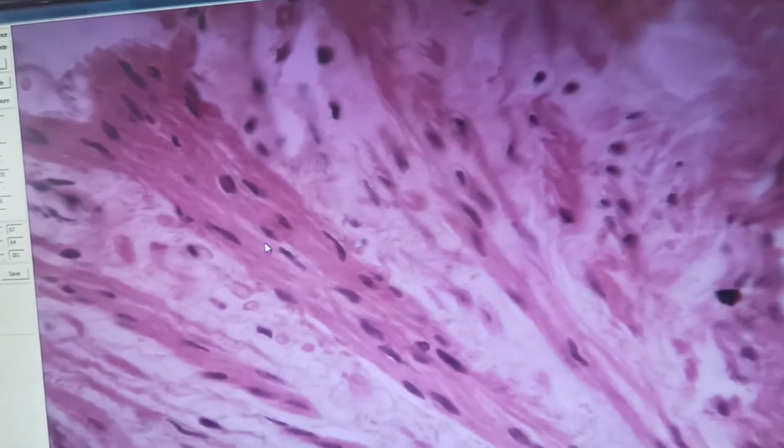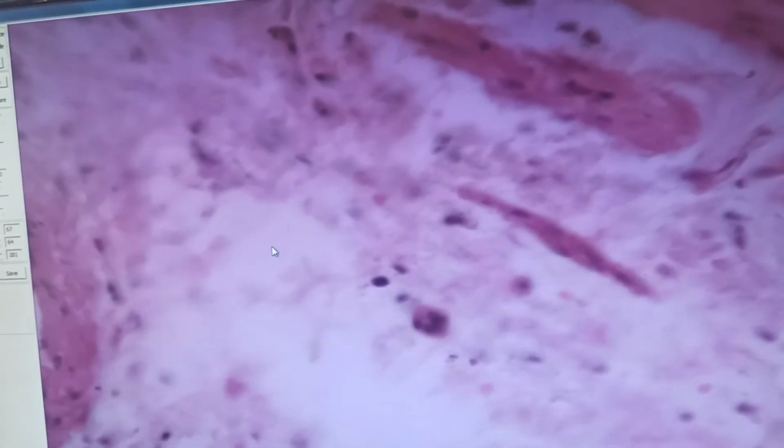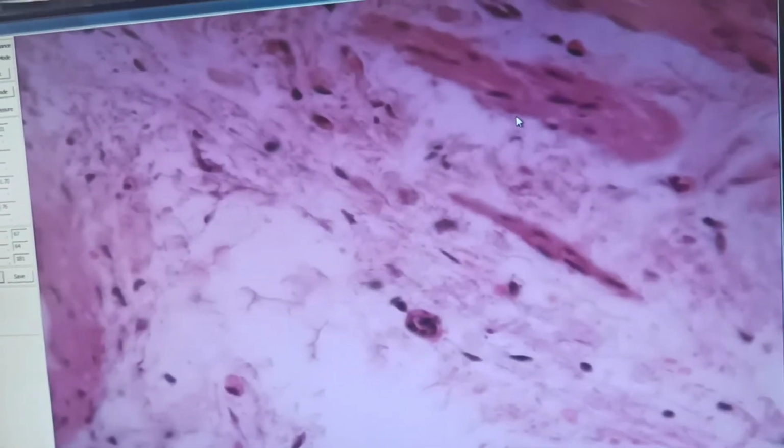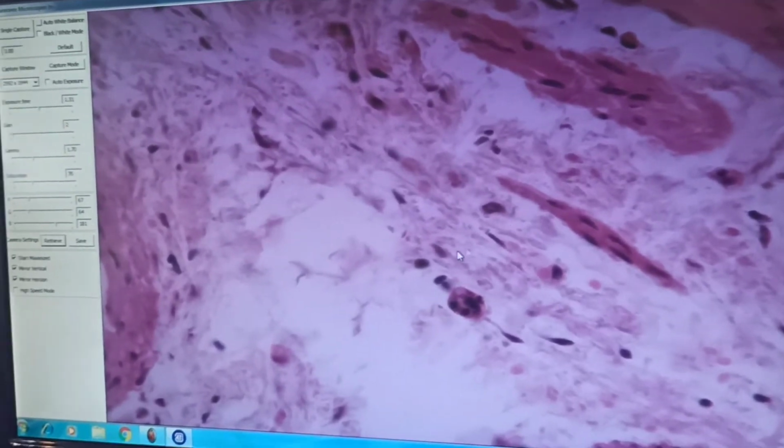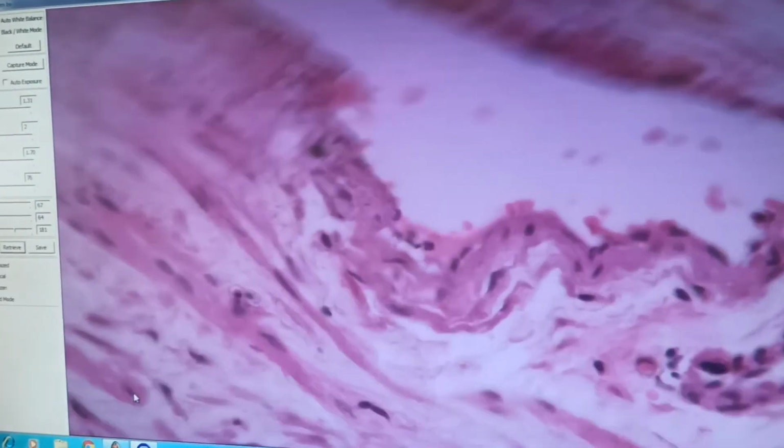It means we have the circular layer. And finally, from here we have the adventitia. The smooth muscle cells finish here, and then we have the connective tissue around the ureter called adventitia.